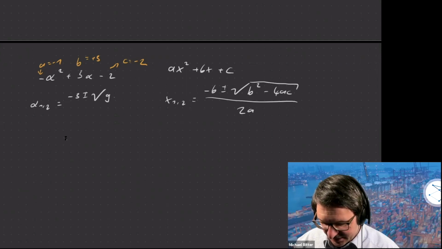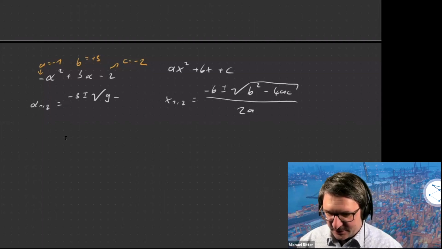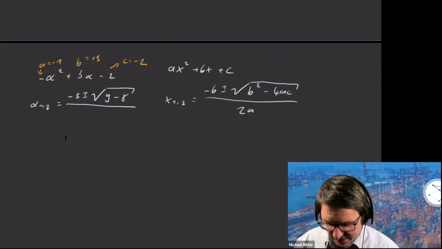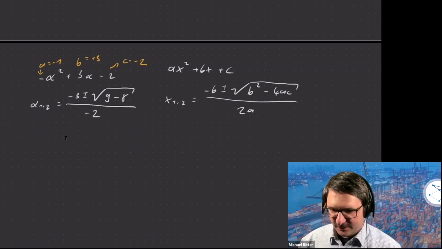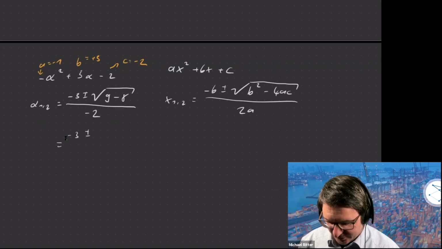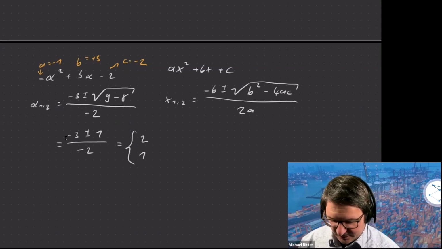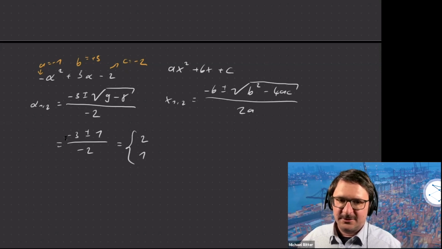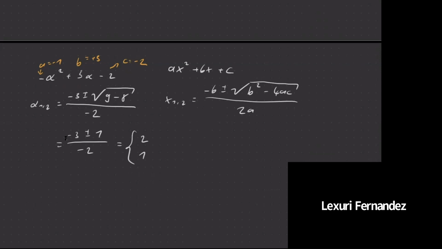Minus 4 times minus 1 times minus 2, that is a minus 8, divided by 2a, so 2 times minus 1, that's minus 2. And if you compute that, you get minus 3 plus minus the square root of 1, that's just 1, over minus 2. So that should be 2 and 1. Okay, I hope that helps.